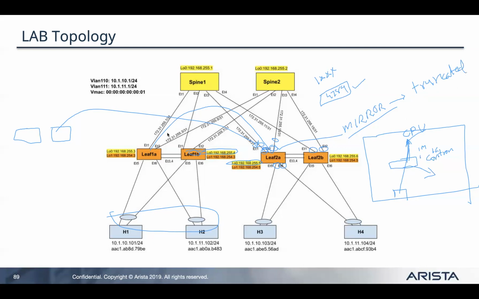See, this packet will be of large size, maybe 1500 bytes, whatever traffic you are sending from H1 to H4 or from many other hosts to other hosts. Traffic will be 1500 or more. What we are doing, using this truncation feature, is we will just take the first 128 bytes or whatever, plus 64 something.